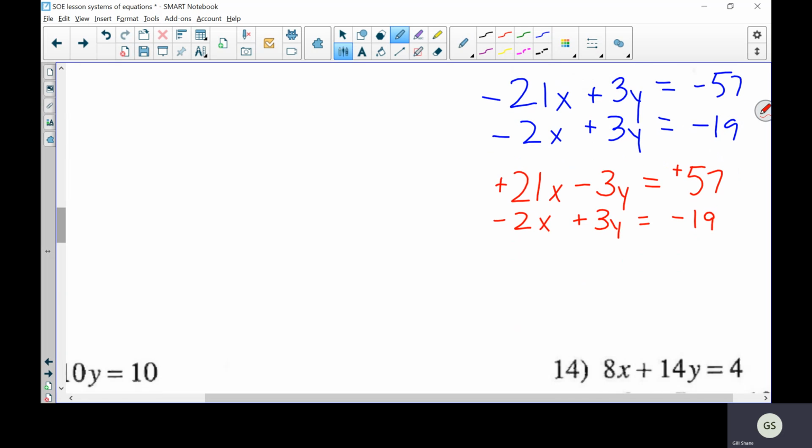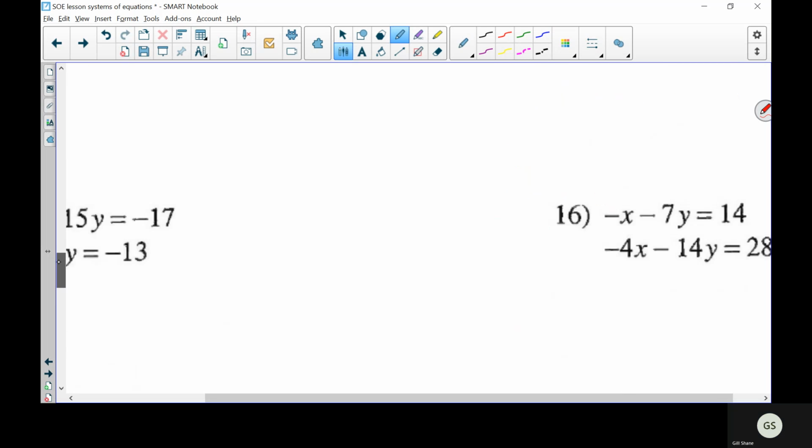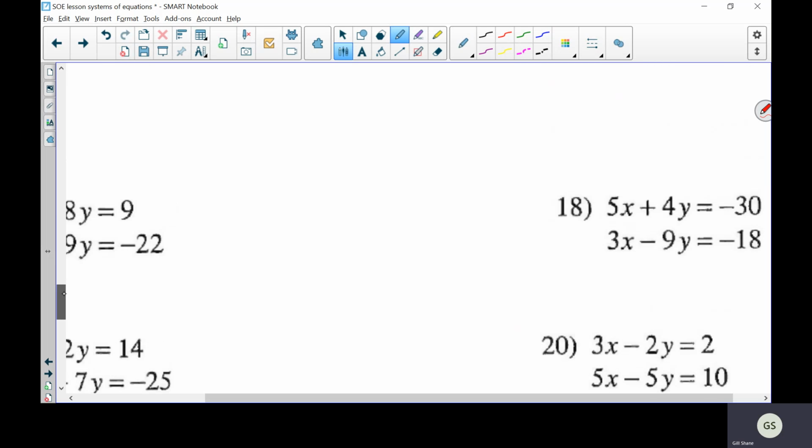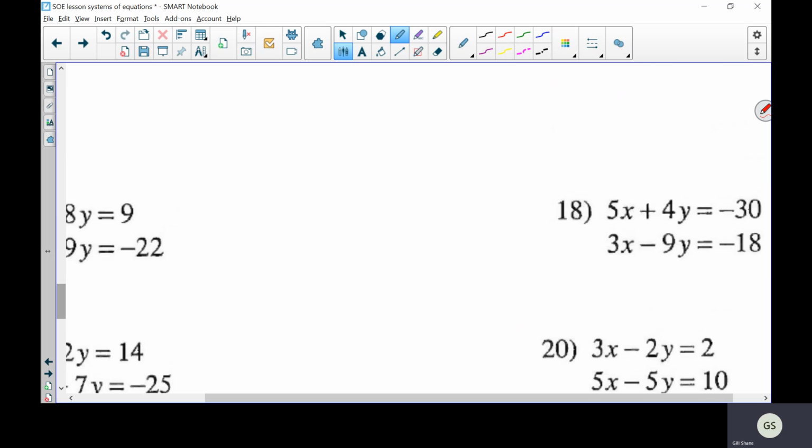Now there's one more level of difficulty, which you will see on the exit ticket. If you look at this one right here. So in the last problem, we were able to multiply one equation by 3, and then we multiplied by negative, and we got what we needed.